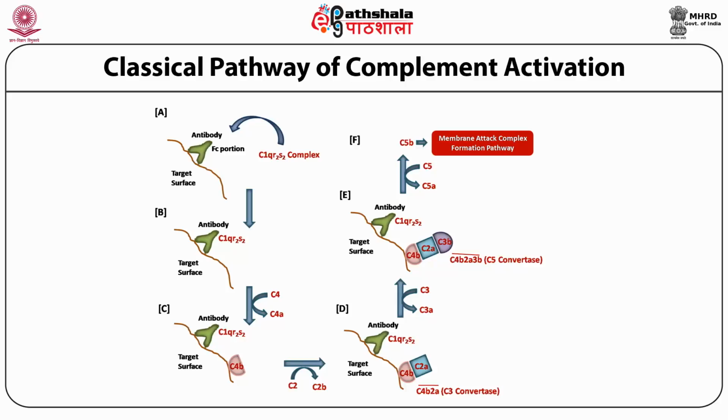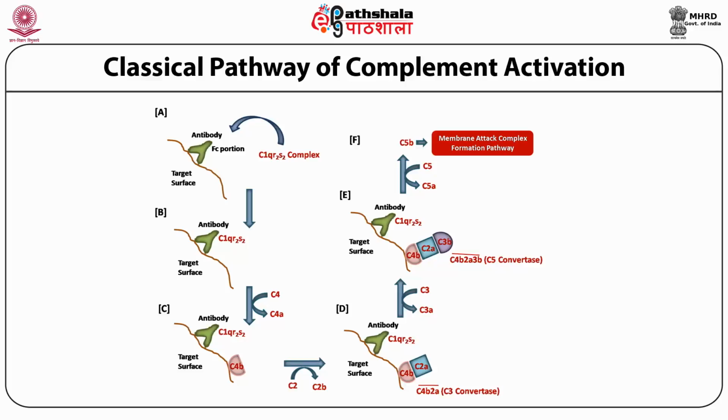C2 attaches itself to the exposed binding site on C4b and is cleaved by C1s to C2a and C2b. As mentioned earlier, C2 is the exception in nomenclature: the smaller fragment C2b diffuses away and C2a attaches itself to the target surface along with C4b.